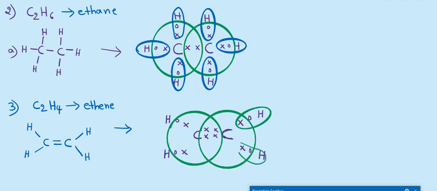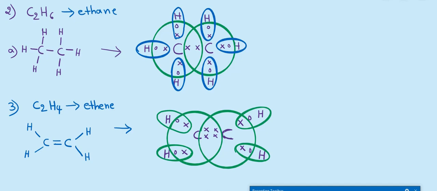So this is the dot structure of ethene. This is the dot structure of ethene. Okay.